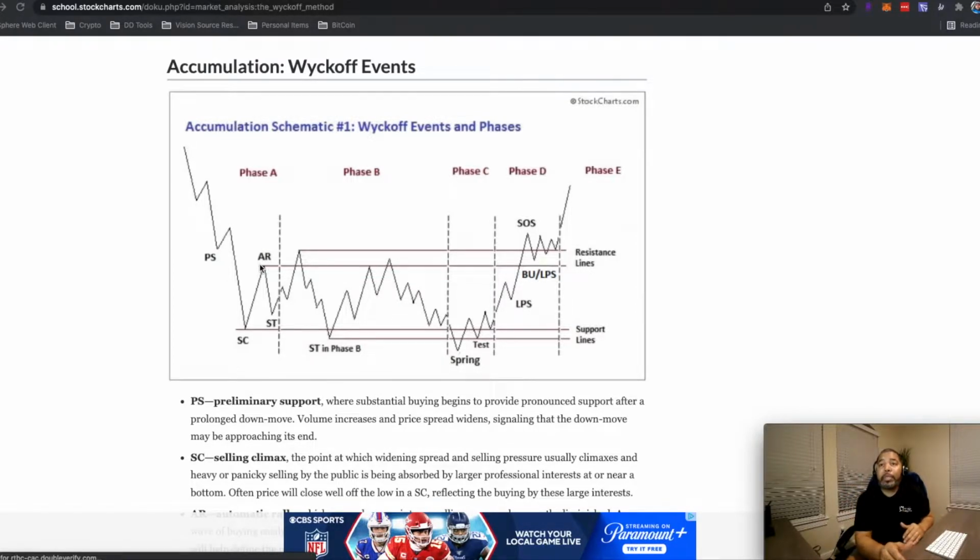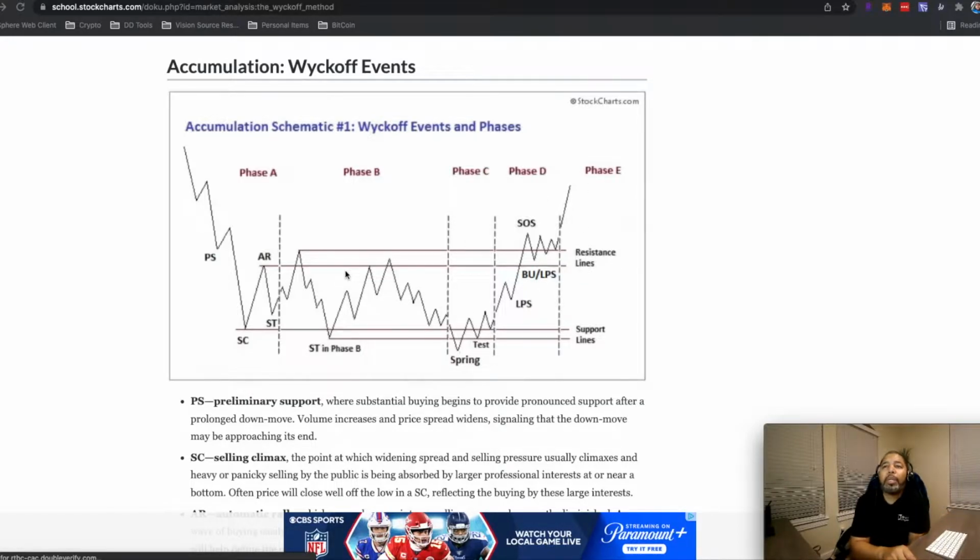Like we said, accumulation builds on the bottom. That's when price is oversold, and demand exceeds supply and it builds, and then price shoots up. When it's on the top, that's where you have your distribution. That's when supply exceeds demand, and that's when price shoots down. So in this instance, price will build, give a fake out, and then shoot up.